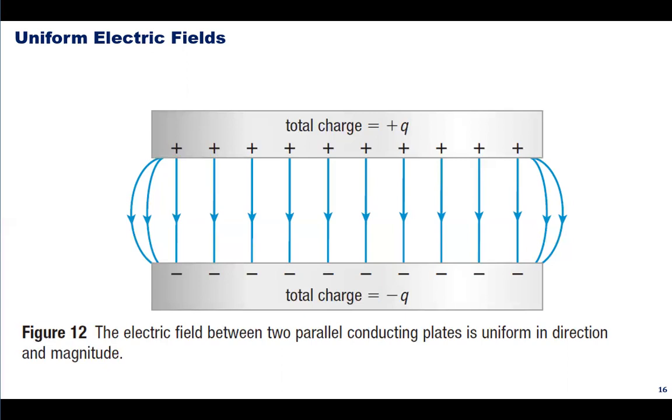As long as the separation between the plates is much smaller than their surface area, the electric field between the plates remains uniform. In fact, except near the edges of the plates, the magnitude of the electric field depends only on the amount of charge, the area of the plates, and the material between the plates.